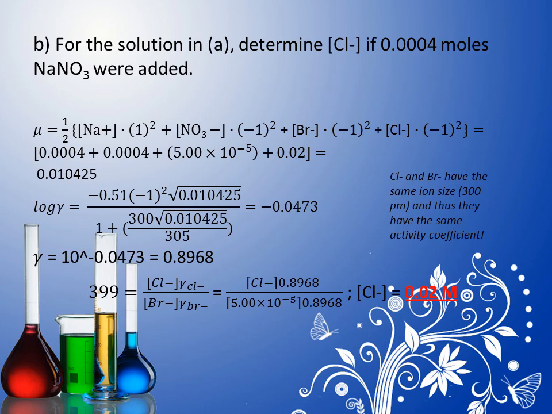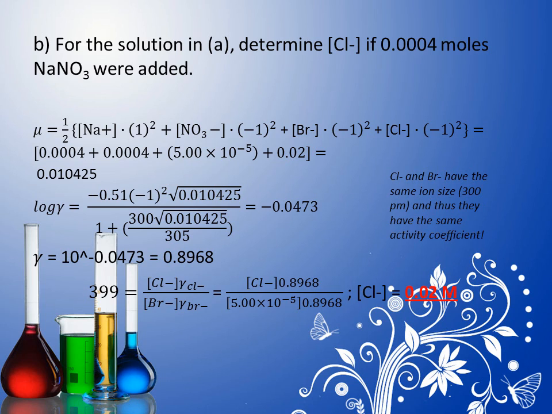Next, we have to plug this number into the Debye-Huckel equation to find log of gamma. And if you look up in the table, Cl- and Br- both have an ion size of 300 picometers. And thus, they have the same activity coefficient. So, gamma equals 0.8968, and both the activities of Cl- and Br- equal 0.8968.